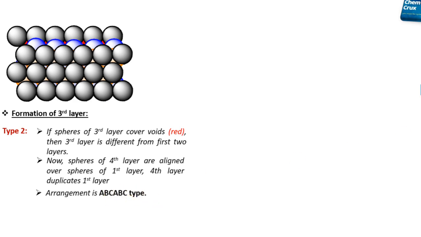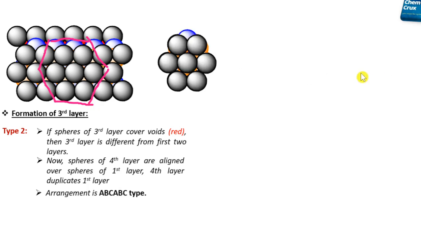Now I want to cut this portion of the arrangement, right? So I have cut this portion and separated it out, and now I want to see how each layer looks.